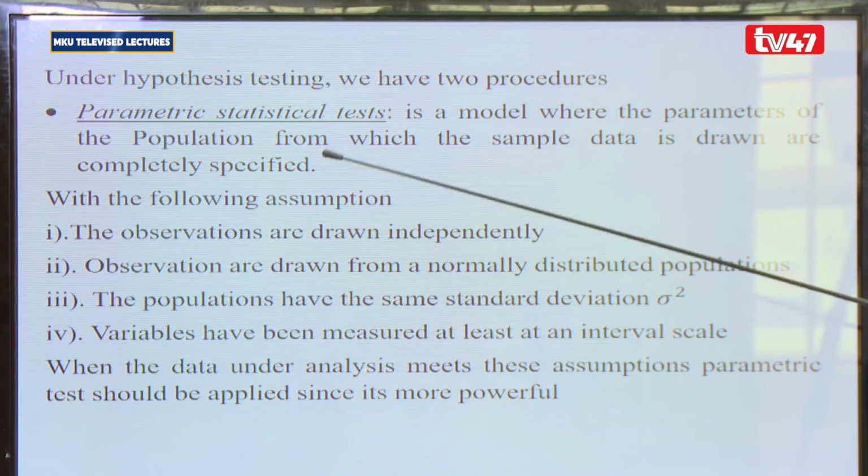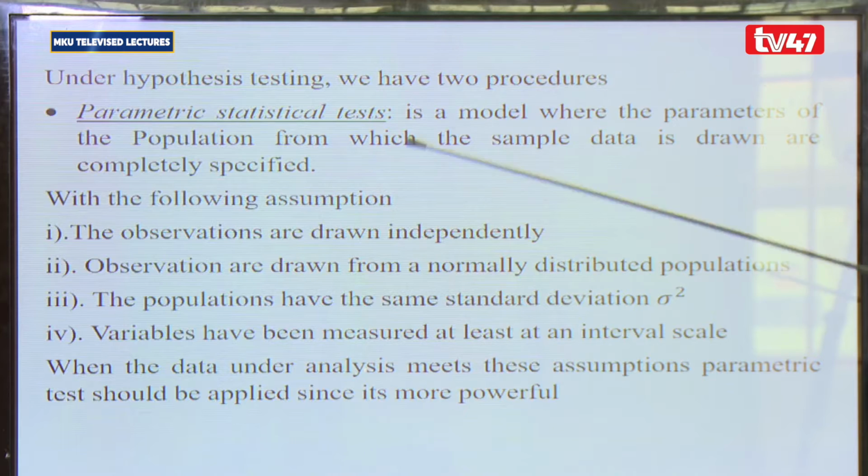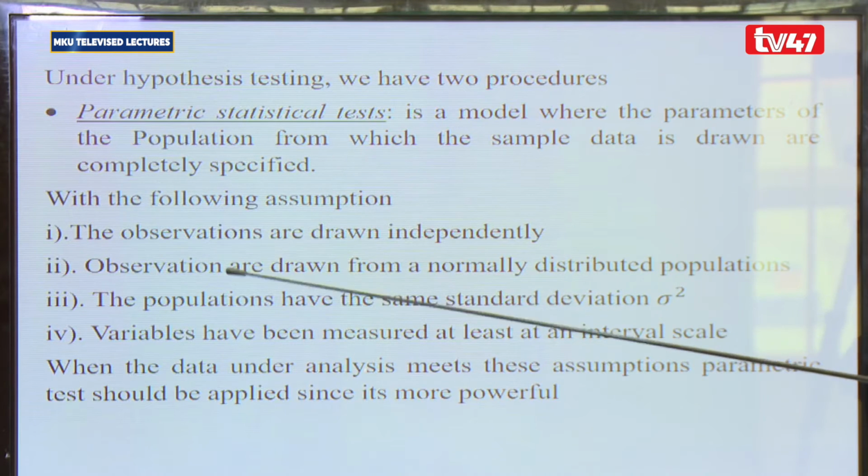The observations are drawn independently. Observations are drawn from a normally distributed population, and the populations have the same standard deviation. The populations may be one, two or more, and that is why we say the populations have the same standard deviation.